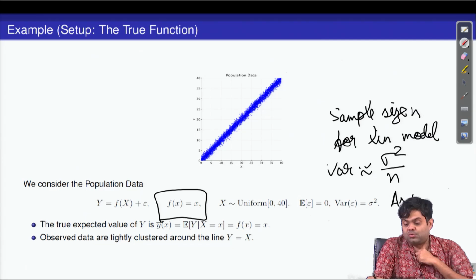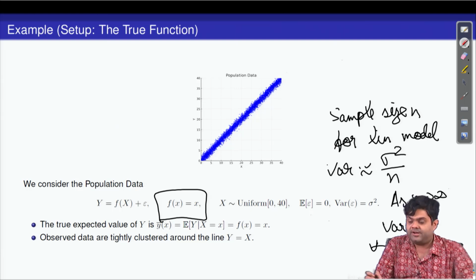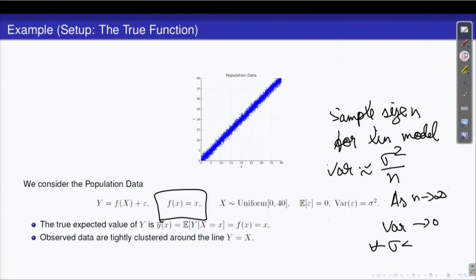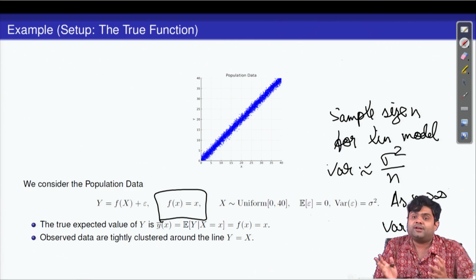As n goes to infinity, the variance will go to 0 for all sigma square. You don't need to assume the sigma square is even small, as long as you are taking a large sample.